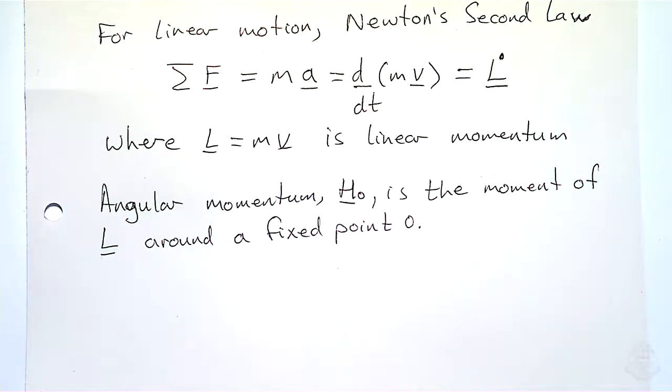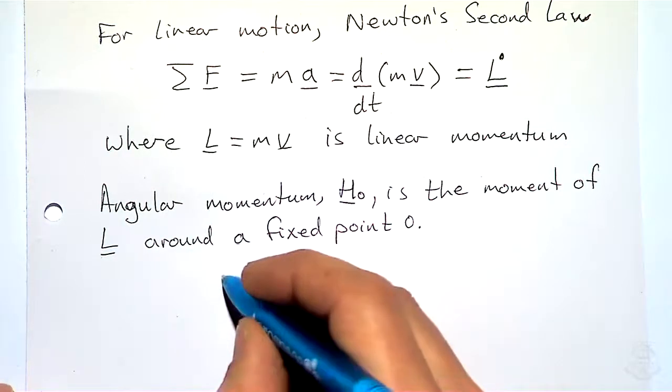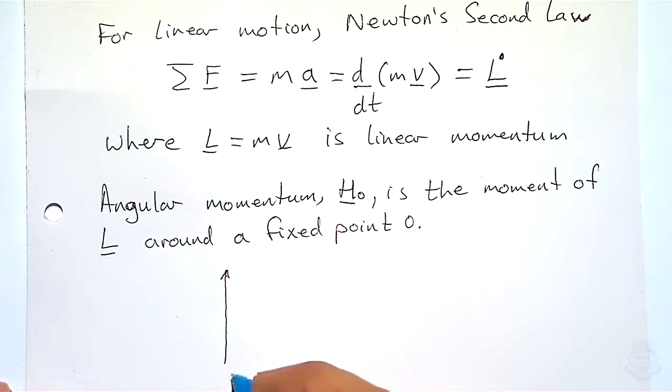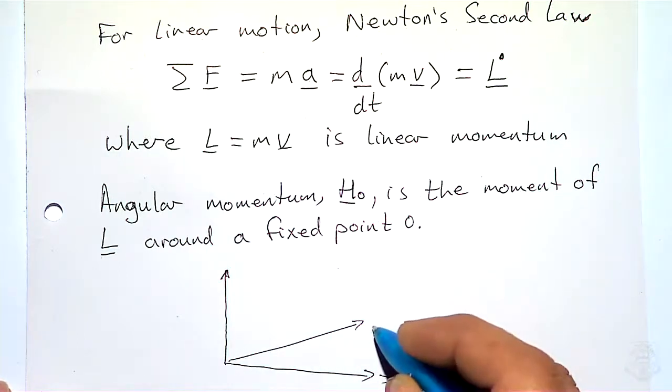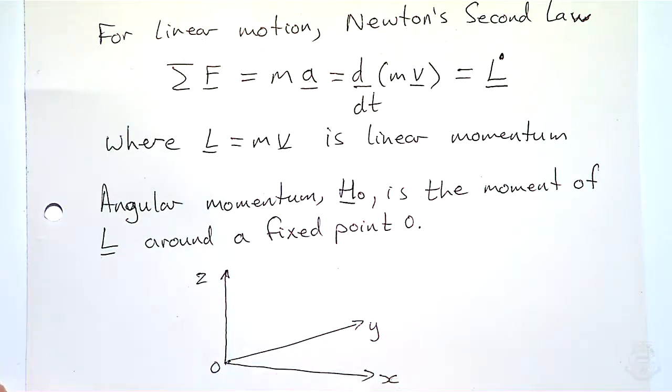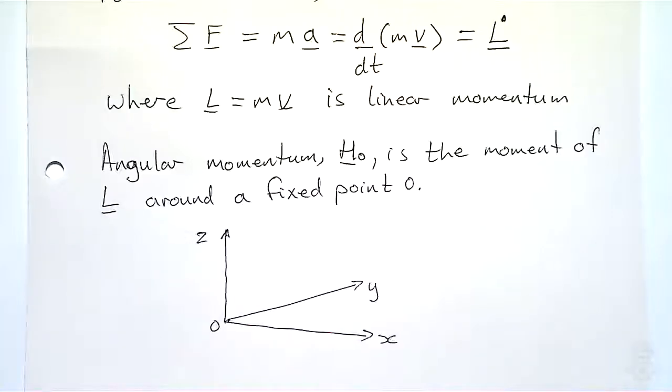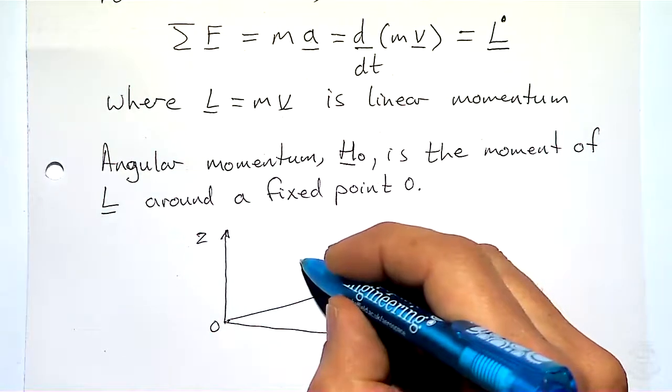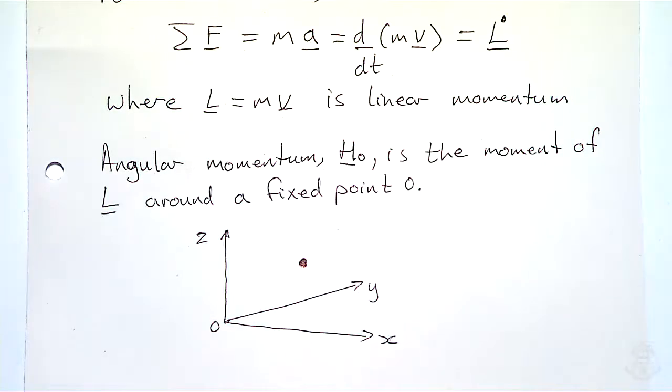So let's draw a picture just to show what that might look like. If we have a three-dimensional space, x, y, z, which of course we're using as in the ijk formulation, but let's just leave it as x, y, z for now. And we have a mass m, a point in that 3D space.